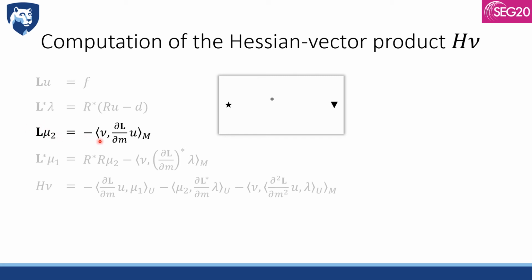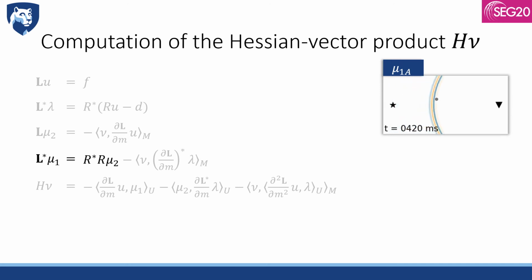The source shown on the right-hand side is the interaction between nu and the forward wave field u. Since nu only has non-zero value at this location, the source only has non-zero value right here as well. So mu2 is the wave field excited by the scatterer. Next one is the second-order adjoint simulation. Its adjoint source has 2 terms, so we call them part A and part B, and consider them separately.